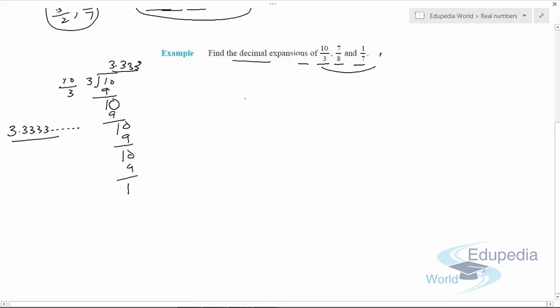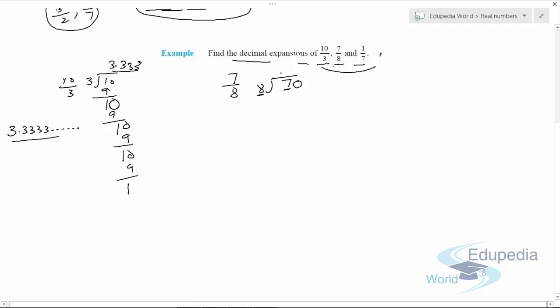Then let's see another example, that is 7 by 8. We have to divide 7 by 8. When we divide 7 by 8, the divisor is bigger than this number. So what we'll do is put a decimal first and put a 0 over here.